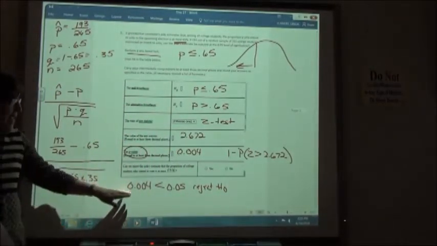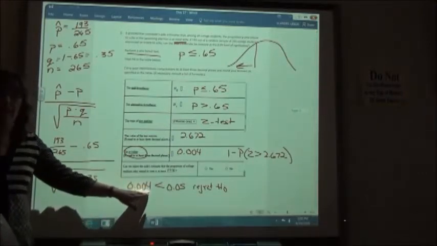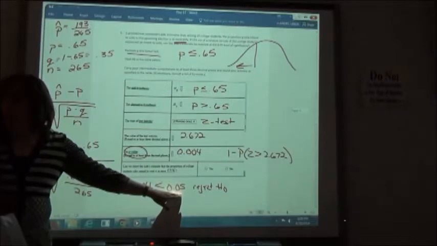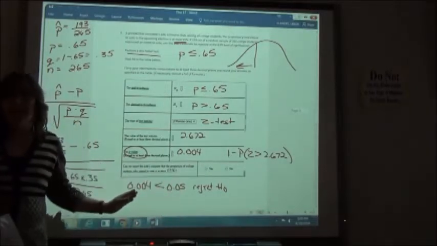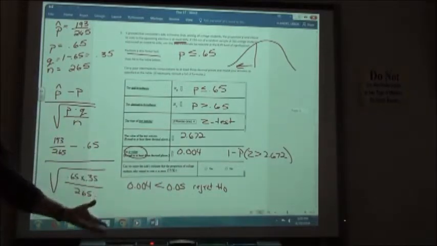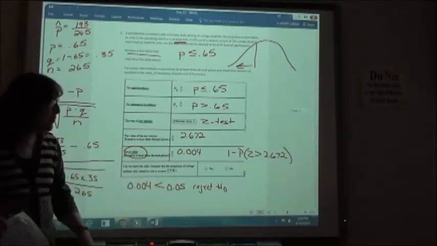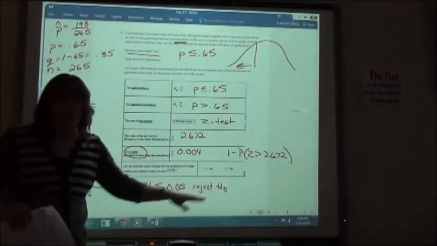So what we're saying is the percent we got is only 0.4%. 0.4% is less than 5%, so we can't say it's true. It's not big enough, right? I want the percent that I think it's true to be higher than the percent I'm testing it at. So this percent is not greater than this percent. We can't accept the null.